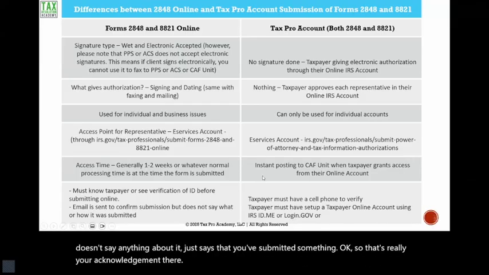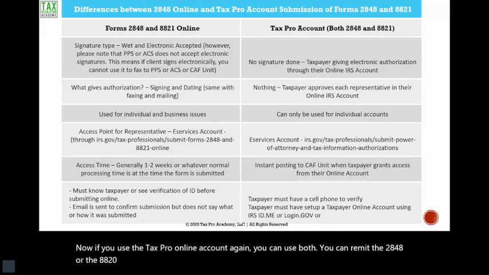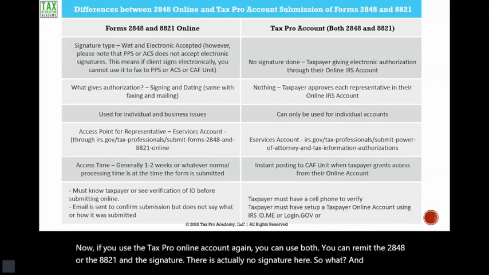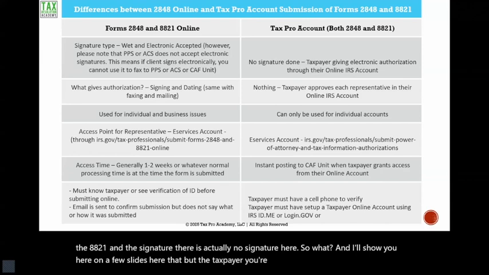Now, if you use the Tax Pro online account, again, you can use both. You can remit the 2848 or the 8821, and there is actually no signature here. I'll show you on a few slides, but the taxpayer, you are submitting it in your online account.